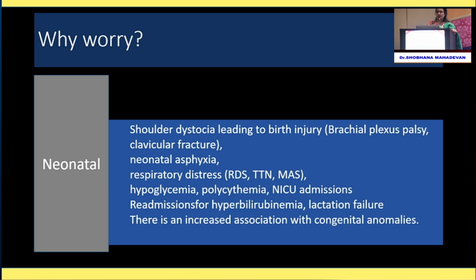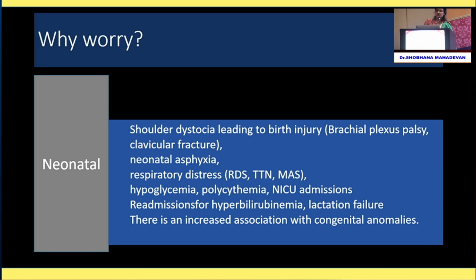From the baby's side, of course, the most feared complication being shoulder dystocia, which leads to several birth injuries, such as brachial plexus injury, fractures, and neonatal asphyxia, respiratory distress, which may be RDS due to early delivery because we do it iatrogenically, or it could be transient tachypnea of newborn if we do a C-section, and meconium aspiration syndrome. The newborn has higher risk of hypoglycemia, polycythemia, NICU admissions.